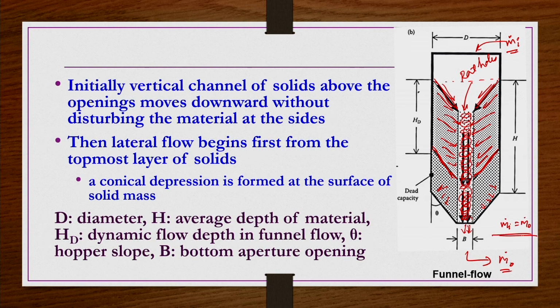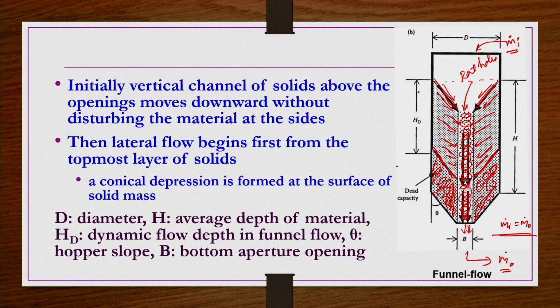So then the flow pattern will be like this. The material stagnant at the slanted side walls close to the opening will not be disturbed, whereas the additional material will continuously flow out like this.